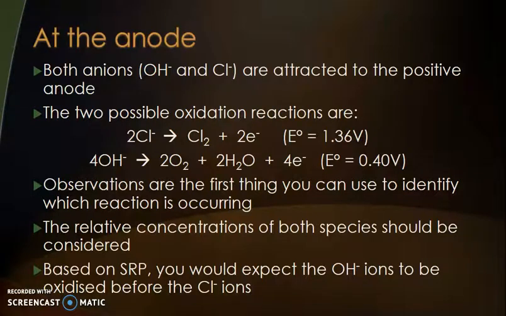Therefore, we would have to say that hydroxide ions would be more likely to be oxidized than chloride ions, all things being equal. So in this case, we would expect that hydroxide ions forming oxygen gas would be the reaction that's occurring at the anode. So that's our first half equation to consider.